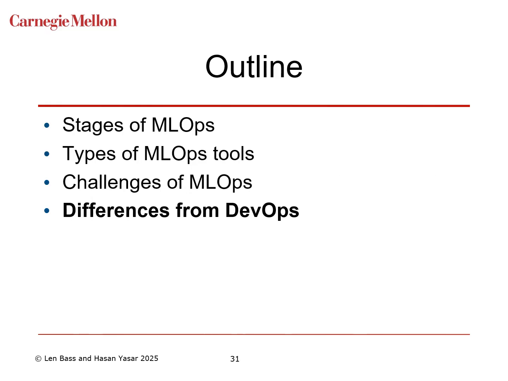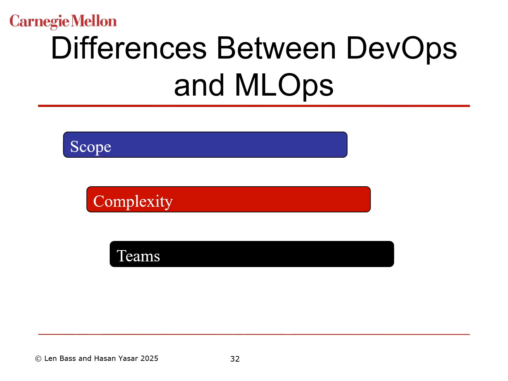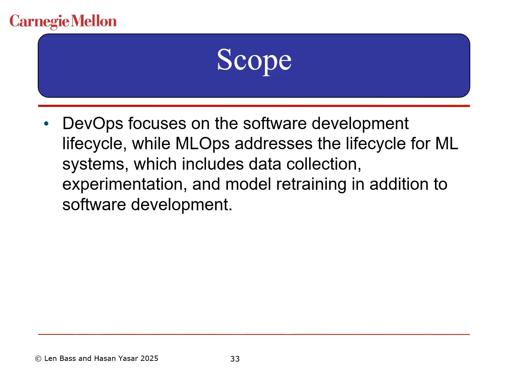And then finally, let's compare this to DevOps. So there are three differences between DevOps and MLOps. One is the scope. What is included in DevOps? Software development. What is included in MLOps? It's models, data models, and it's machine learning systems.